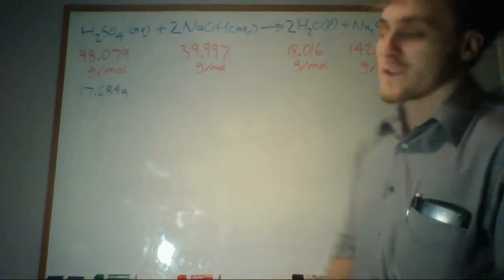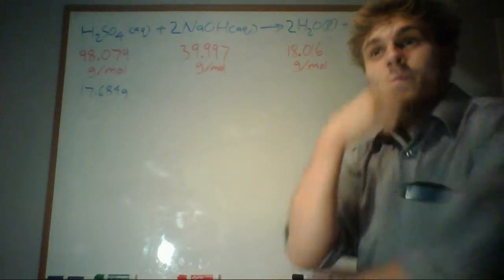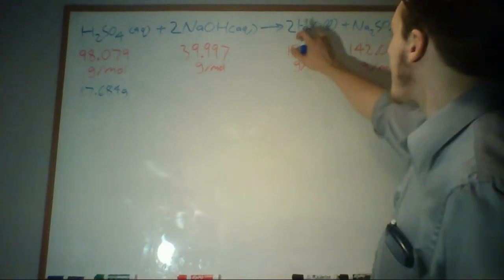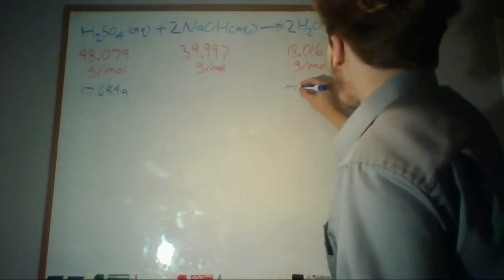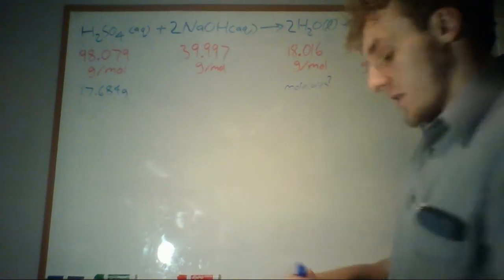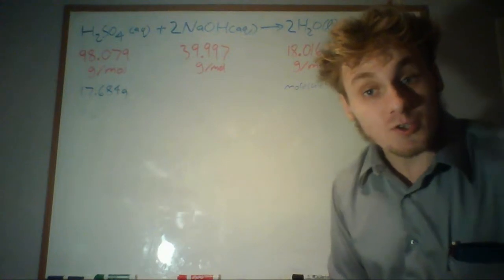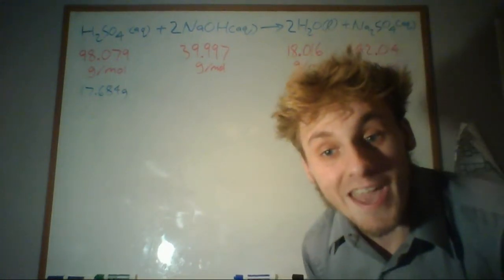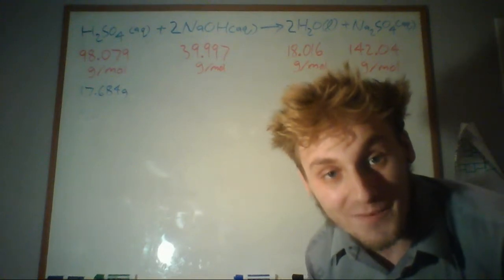And let's say we wanted to figure out how many molecules of water we produced. Now, how could we go about doing that? I'm going to implement something called an arrow plan to figure that out.